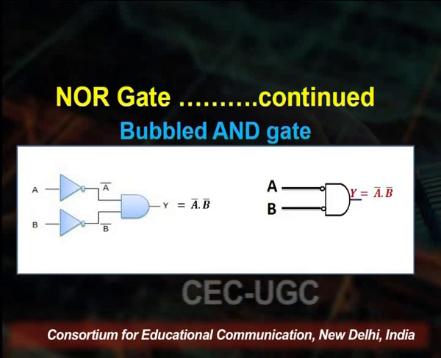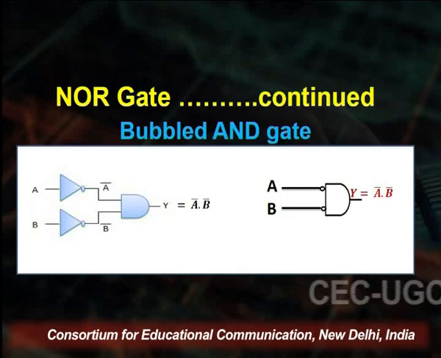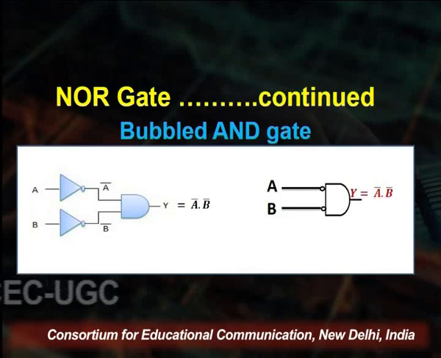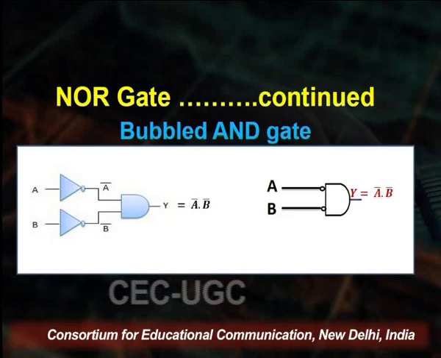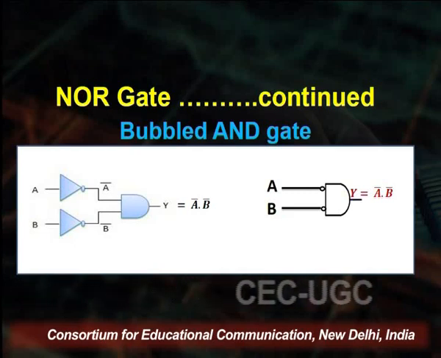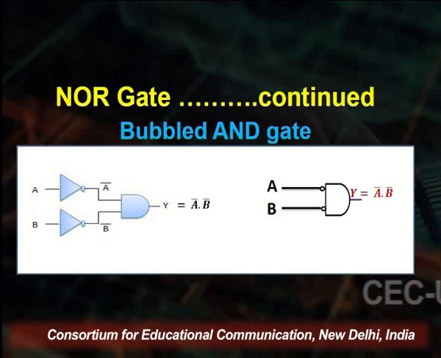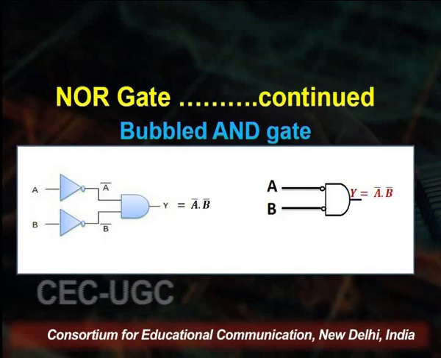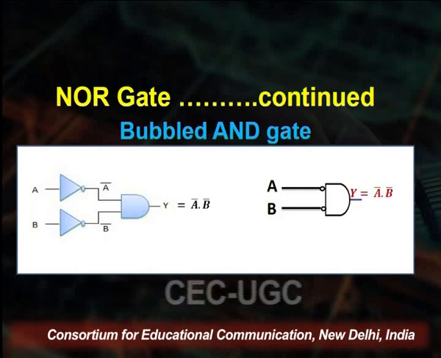So, NOR gate, as we understand, can be realized by using its equivalent as a bubbled AND gate. Students, here we need to understand that when the NOT gate is fixed after the basic gate, then it is known as either NOR gate or NAND gate, that is, not of OR or not of AND.